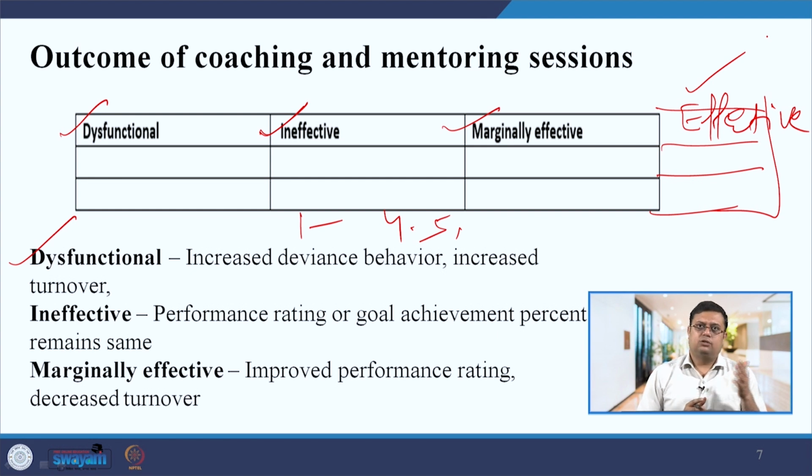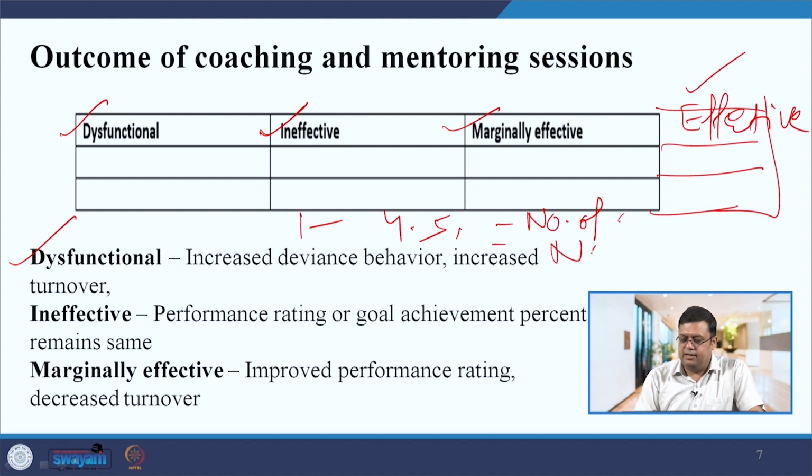If you want to convert into numbers, then the number of complaints about a person that you were getting before the coaching and mentoring and after, and the number of errors that person has committed. If the number of complaints and number of errors are reducing, then you can say yes, the coaching and mentoring session was effective.